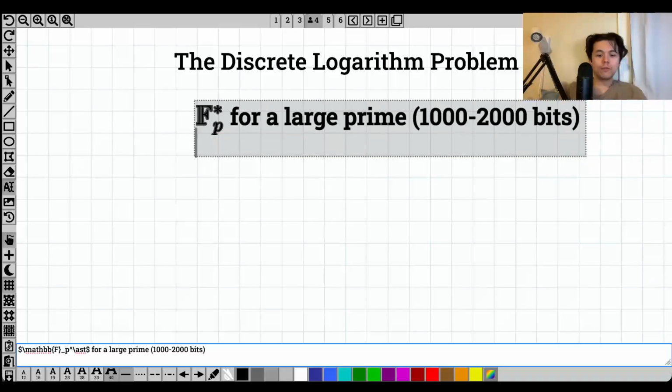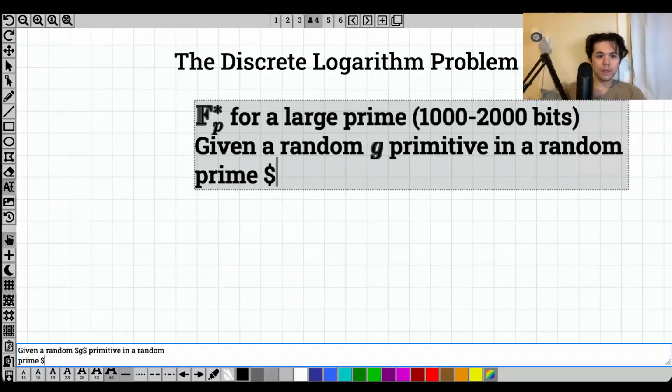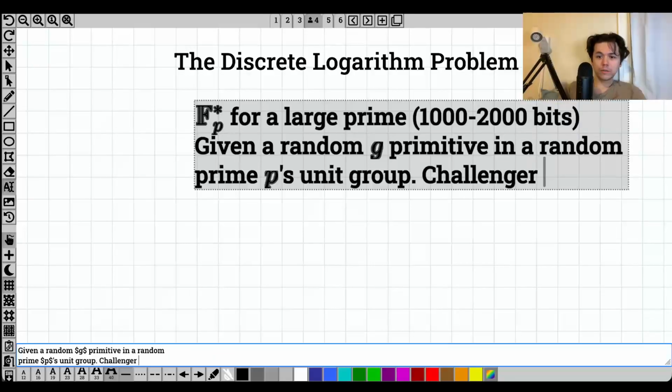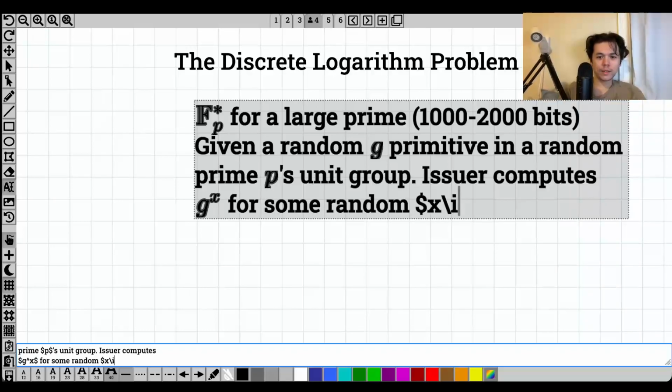But with this, you often have this thing called the discrete log problem, where, given a random g primitive in a random prime p's unit group, the challenger, the issuer, let's say, computes g to the x for some random x in Z mod p minus 1.